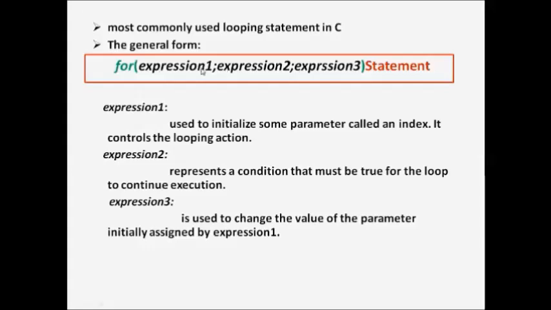So in the for statement, what happens? At the starting of each pass of the loop, expression 2 is evaluated. If it is found to be true, then this statement will be executed. If it is found to be false, the loop will stop there.